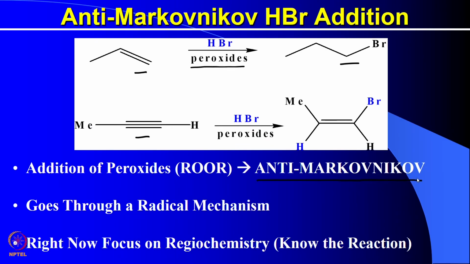In case of Markovnikov addition, this bromine should have come to this carbon, but here, due to the mechanism difference, as it goes through a radical mechanism, the bromine gets added to the terminal carbon atom and we get a product which is termed as the anti-Markovnikov product.